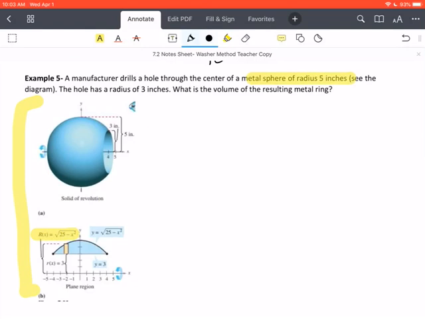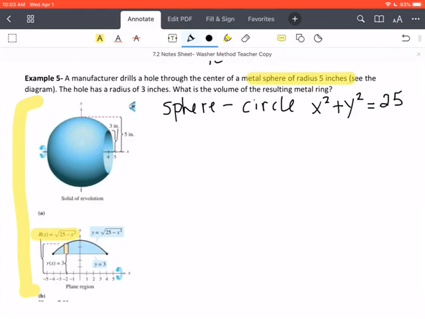But just as a reminder, assuming it's from the origin, we know that a sphere is related to revolving a circle around an axis. And so what's the equation for a circle? It would be x squared plus y squared equals radius squared. So 25, 5 squared is 25.